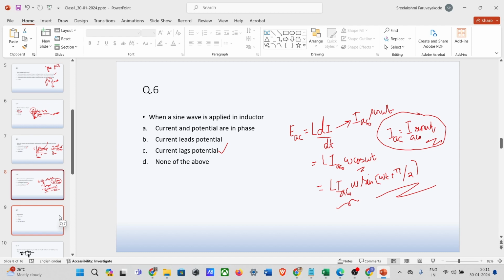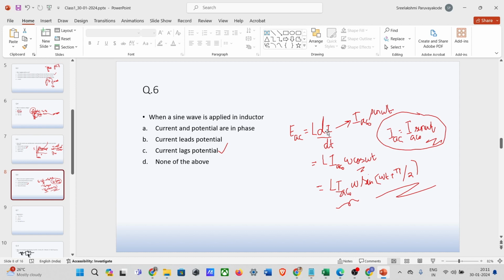A similar kind of question is there in the assignment, where it is asked for a conductor. So this is how you have to do it. You know the formula, right? Then you will know one of them. There is a different formula for a capacitor, so what comes over here, you can substitute for that.